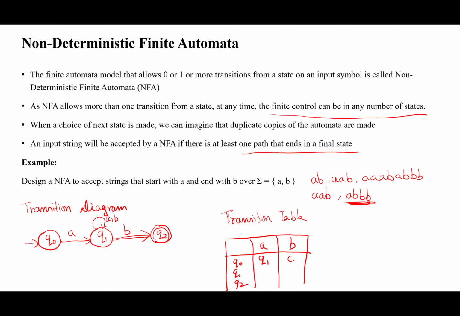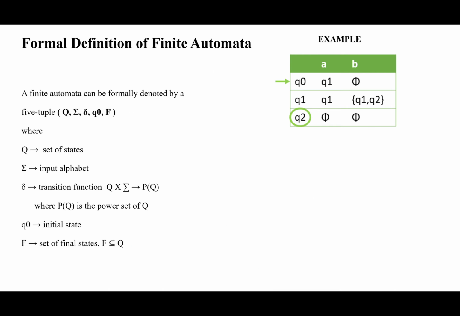There is no transition, so it is null. Then what is Q1 comma A? It is staying in the same state Q1. Then what is Q1 comma B? It goes to the same state Q1 and to Q2, so it is Q1 and Q2. Then Q2 comma A, no transition, so it is null. Q2 comma B, no transition, so it is null. Okay, so this is the transition diagram and the table.